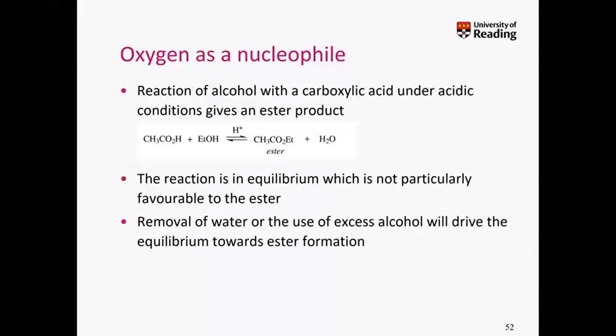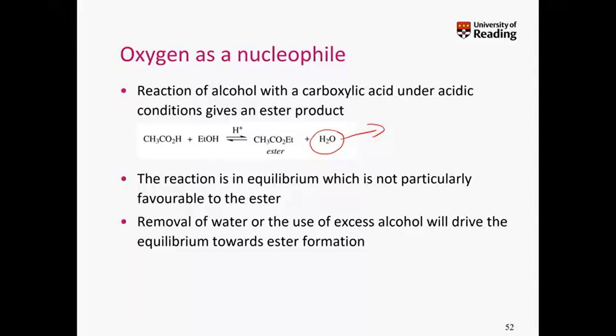This reaction is in equilibrium, and actually it favours the carboxylic acid rather than the ester. One way we can make it favour the ester product is to remove the water from the reaction mixture. Then the reverse reaction isn't possible anymore because we've taken away the nucleophile that would attack the ester. The water would do a hydrolysis reaction, which we're going to look at in a few slides' time.